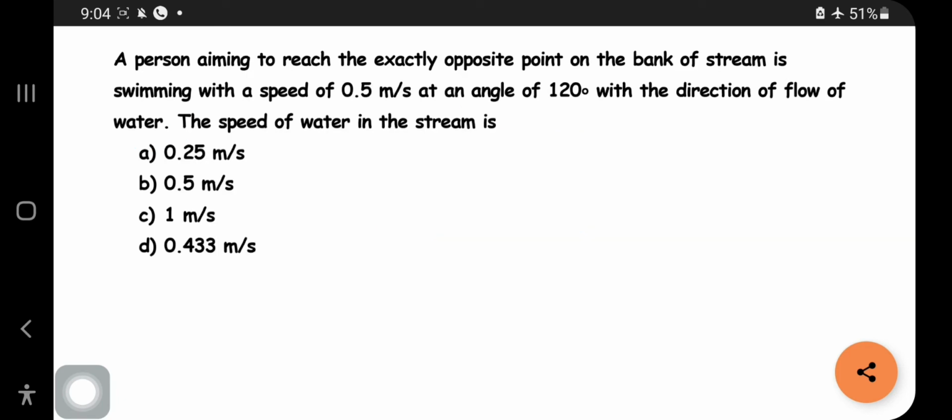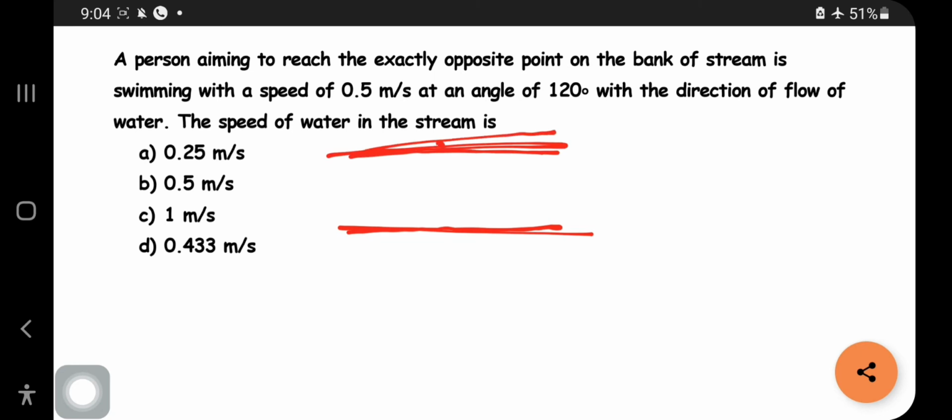So this is the next type of question regarding the river water problem. In this, a person is trying to reach the exact opposite point. If his person is here and he wants to reach this point, what he should do? He should move like this.